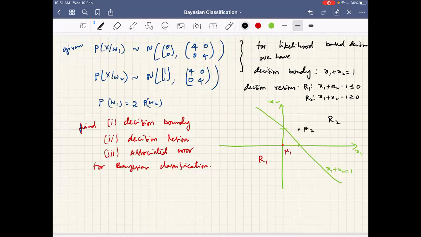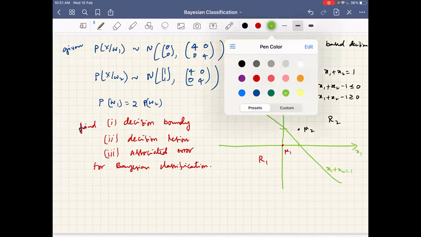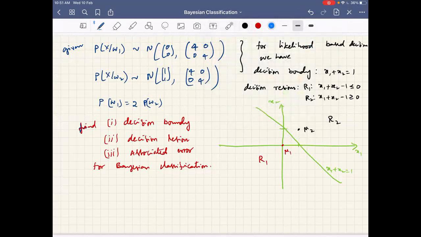Now let us see, can one of you tell what may happen to the posterior based decision? I need some quick answers. It will shift, right? It will shift because P of omega 1 is greater than P of omega 2, and hence it shifts away from the mean.